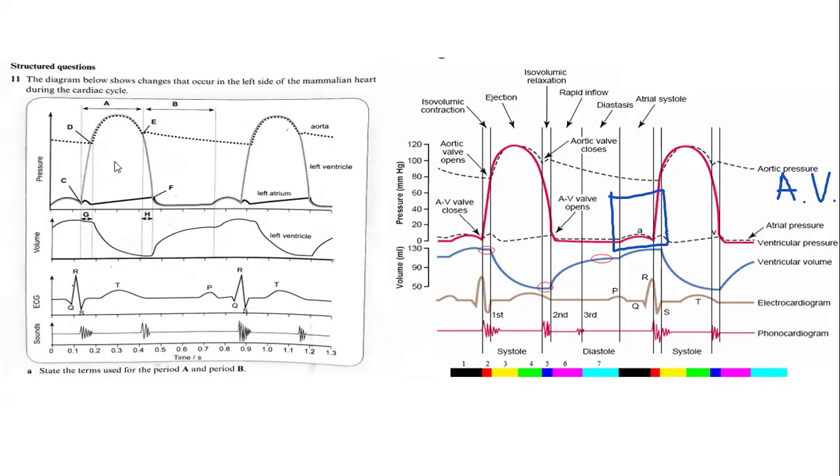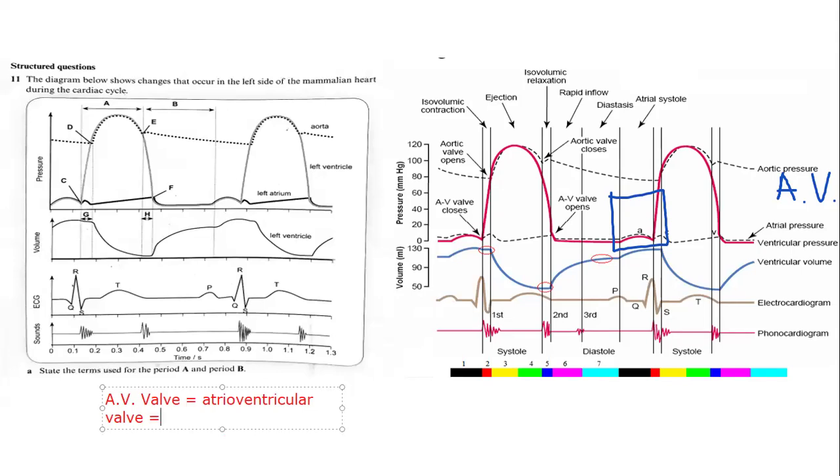That makes sense? So let me go ahead and write that down for you. If anyone wants to write it down, let me say AV valve. That is basically the atrioventricular valve.